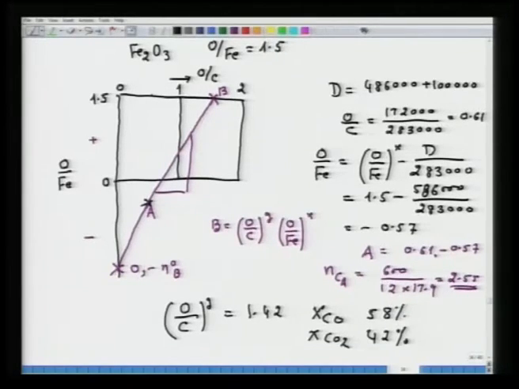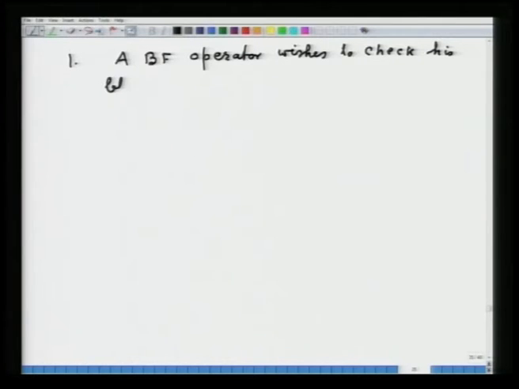So, now here I will give you 1 or 2 exercises that you can solve yourself. Problem number 1. A blast furnace operator wishes to check his blast metering device. He is supplying air blast and measuring the air blast by a certain device, and he thinks there is some doubt.